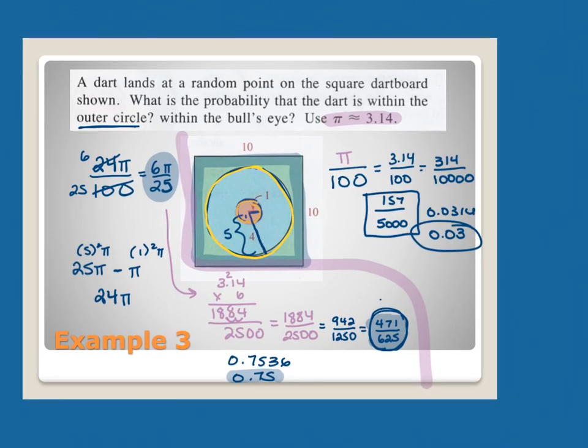So probably, again, when we take this test, you would leave these answers in terms of pi, like pi over 100 or 6 pi over 25. If the homework does say to round it or use 3.14 for your pi, then you know you're going to continue on.